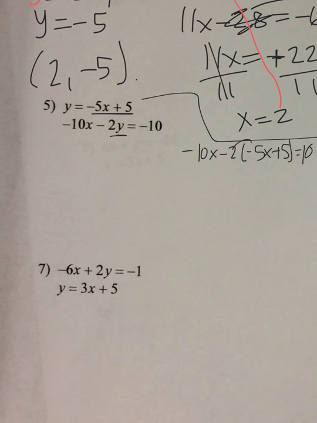So then I distribute: negative 10x plus 10x minus 10 equals 10. Ooh, it's negative 10. I just saw the negative sign. It's negative 10. So this cancels out, and that's negative 10 equals negative 10.